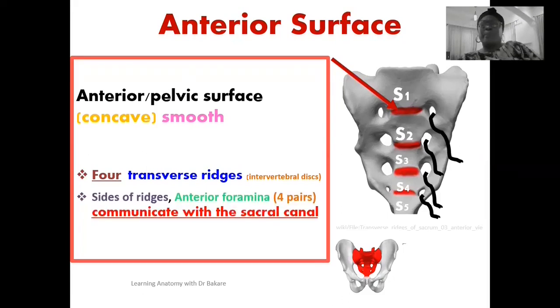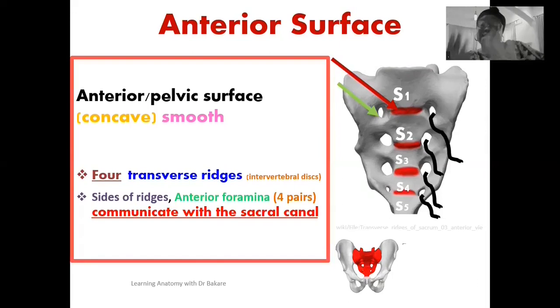If you look on both sides of the transverse ridges, we have foramina, and this is what is arrowed here at this point. We also have 4 anterior sacral foramina, and they are paired, which means we have one on the right and the other one on the left. So in totality, we have 8 anterior sacral foramina, and this is what is highlighted here at this point.